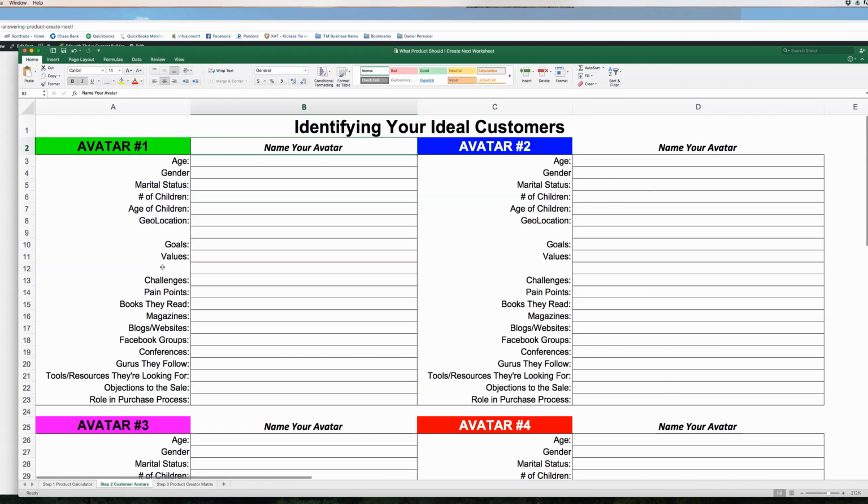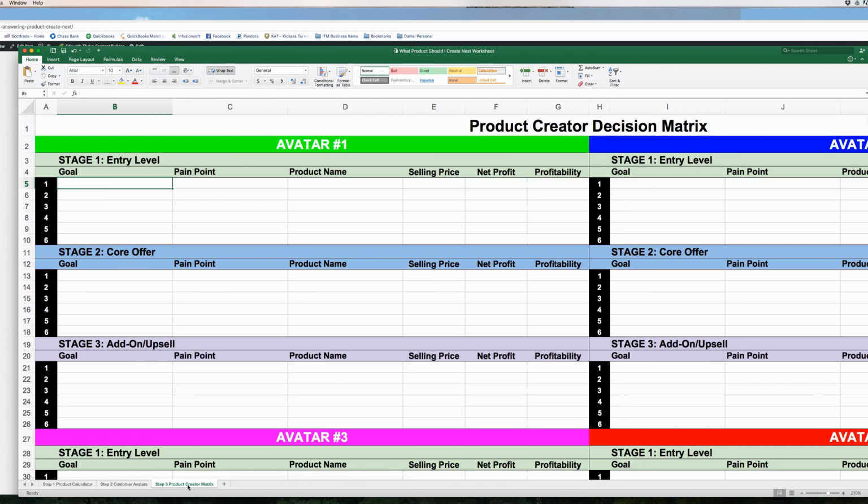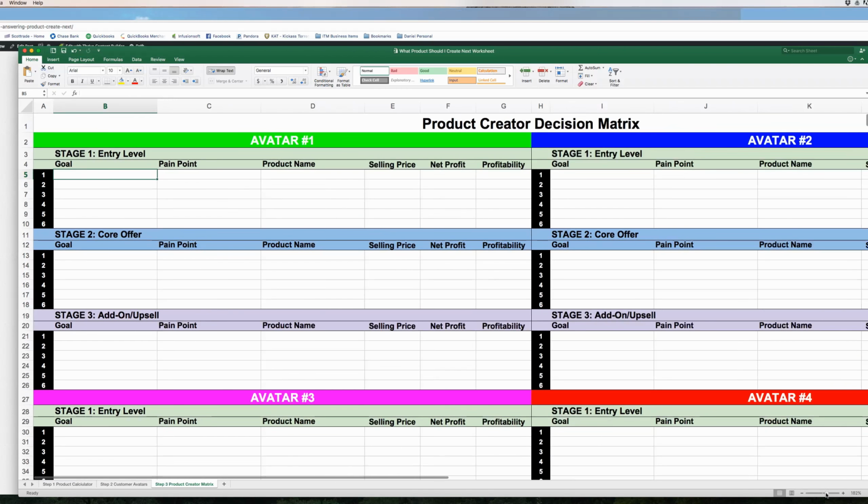But then you're going to also identify all of your target customers. And once you have the information for all of the ideal customers, demographics, their pain points, challenges, and all of that kind of information, we're going to jump into step 3. Step 3, this is the bread and butter of the entire worksheet, okay?